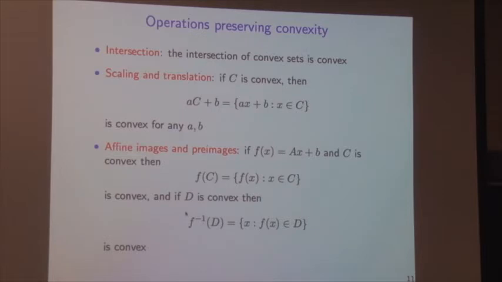It's maybe a slightly unfortunate notation, because f does not need to be invertible for this affine preimage to exist. It's just the set of all points x for which f of x is in D. So there's nothing to do with its inverse here. A lot of times we'll look at affine transformations that aren't invertible, and we'll still talk about the affine preimage. It's just notation.